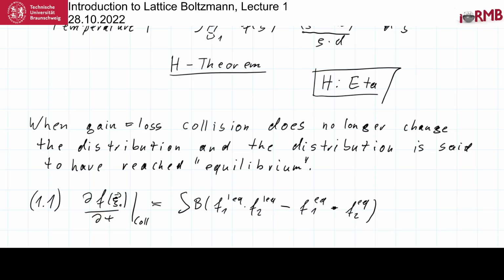I've not written the arguments of B, so there's a multiplication here. In this eta theorem, what does that distribution signify? This is the distribution we've previously used, the particle distribution.